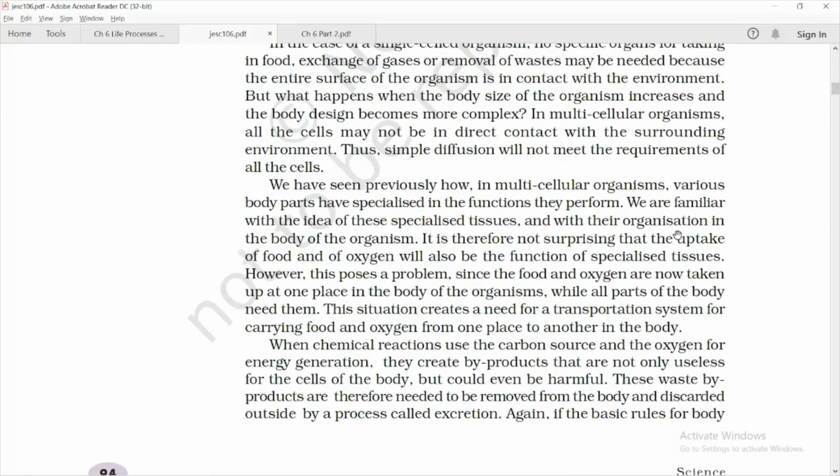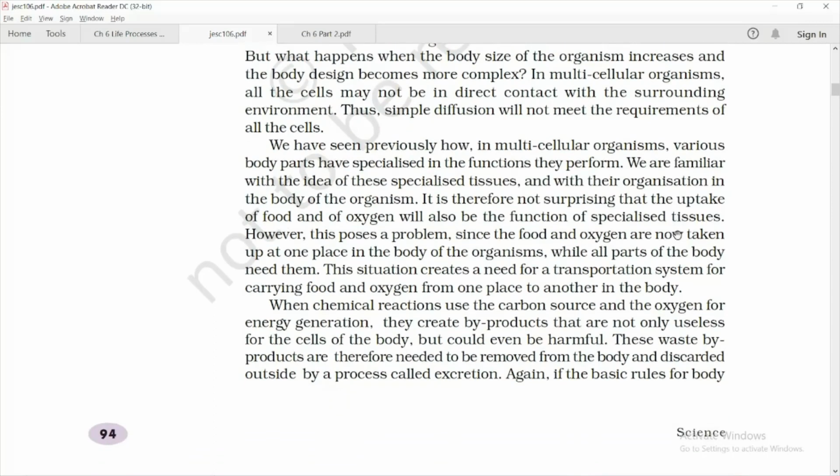We have seen previously how in multicellular organisms, various body parts are specialized in the functions they perform. We are familiar with the idea of these specialized tissues and their organization in the body of the organism.